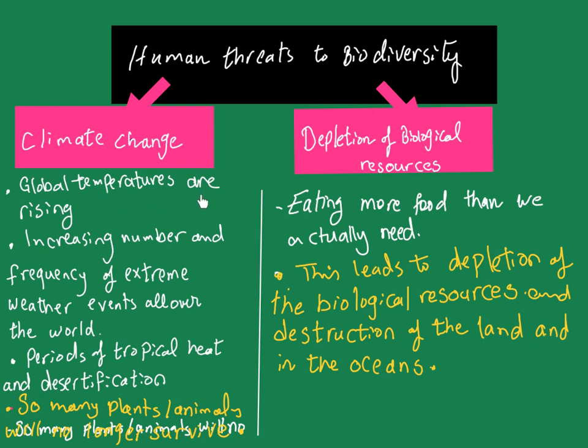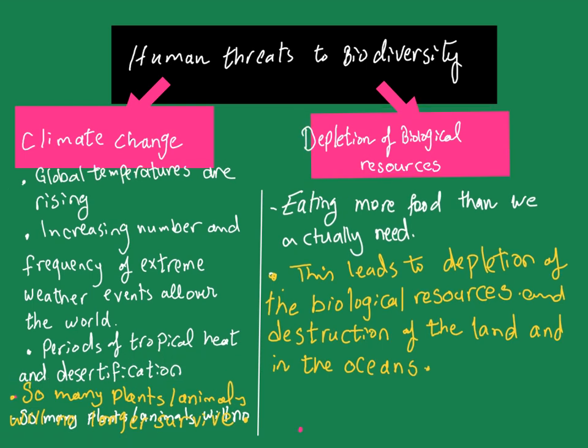So there will be a global temperature rise, increased number and frequency of extreme weather events all over the world, like hurricanes and other events that happen in the atmosphere around us, periods of tropical heat and desertification. This led to many plants and animals no longer surviving.